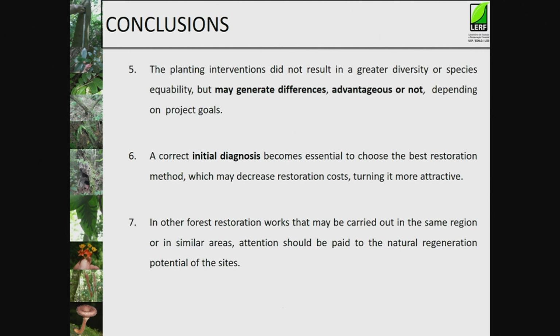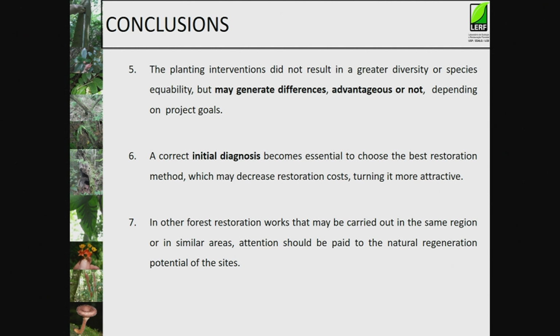So we can say the planting interventions did not result in a greater diversity or species equability, but may generate differences that are advantageous or not, depending on the project goals.